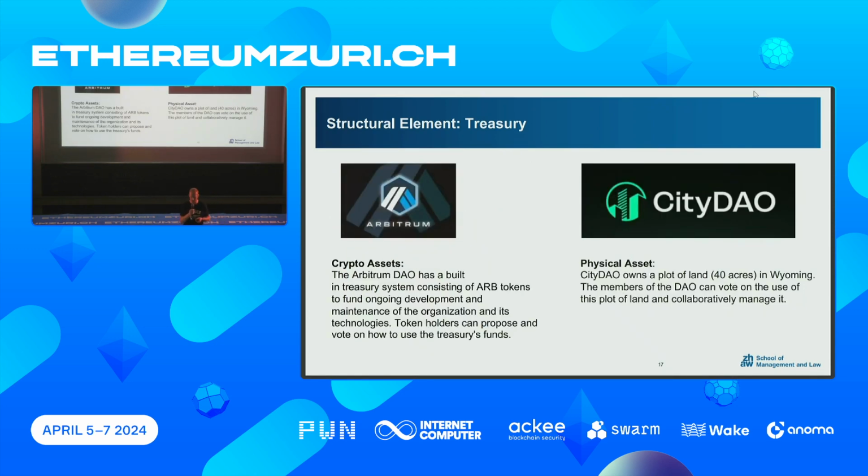Here, just also as an example, Arbitrum has quite a big treasury that the token holders can vote on to decide on funding decisions for the development of the organization and its technology. While an example of a DAO that holds physical assets is CityDAO. They own a plot of land in Wyoming that they are collectively also deciding what to do with it.